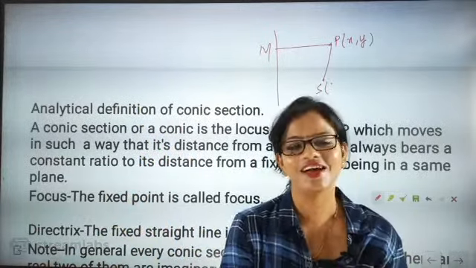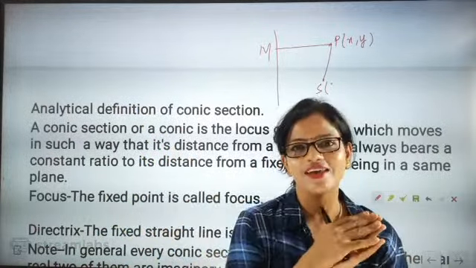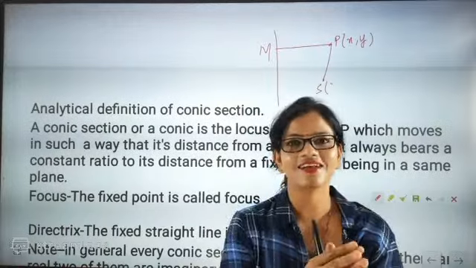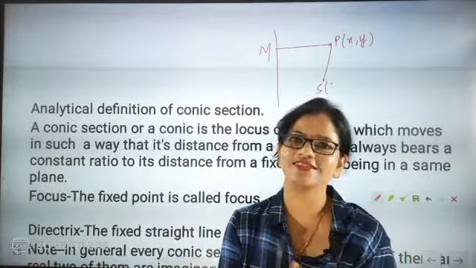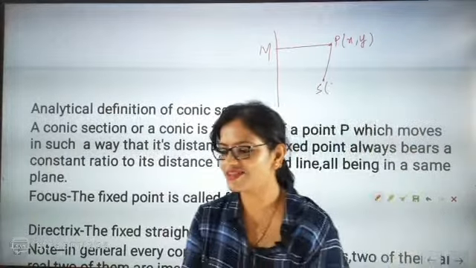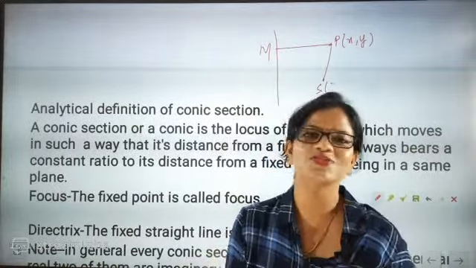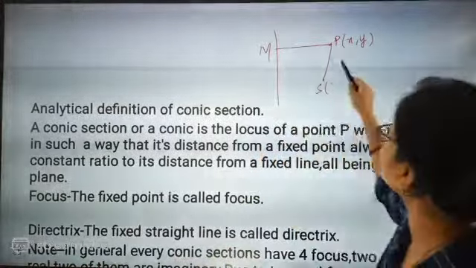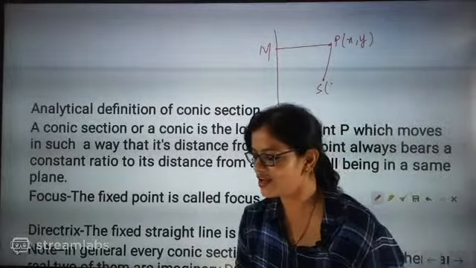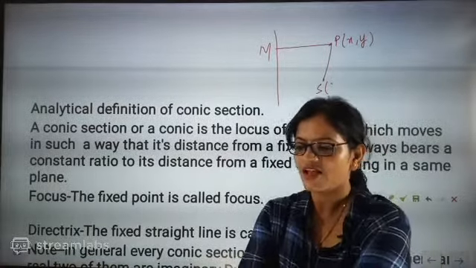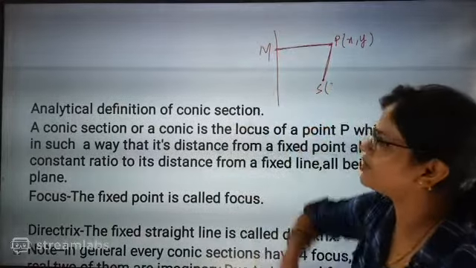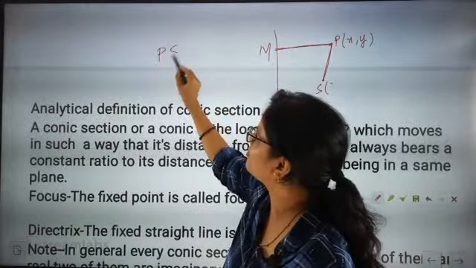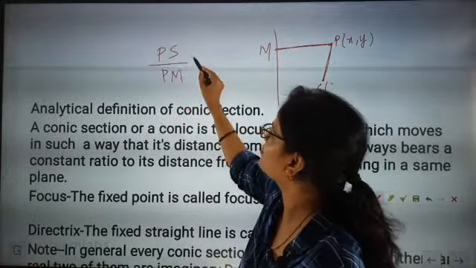The directrix is the main character, the figure you are using is the second character, and eccentricity is the third character. So directrix and eccentricity are the main hero and heroine of this movie. Play with these. The ratio between them is PS by PM equal to E. Remember this part: PS by PM will be equal to E.